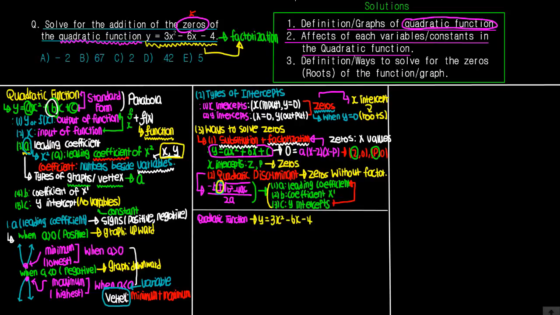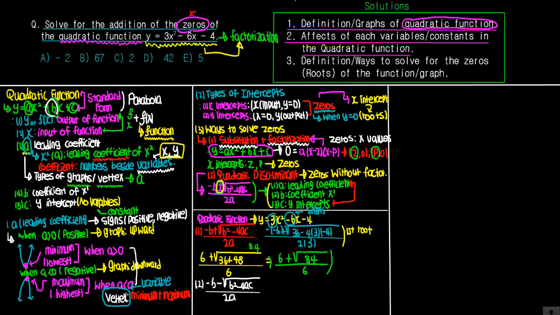As we can see, we are applying minus b plus or minus square root of b squared minus 4ac over 2a. This is exactly the same concept as with the first root. What is b? Our b is negative 6, but we need to remember the negative sign: negative, negative 6.